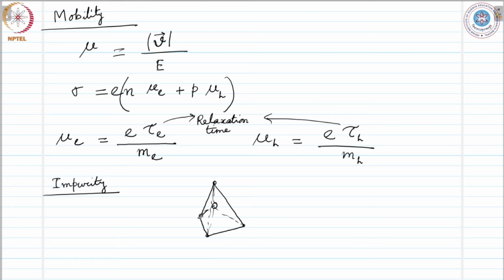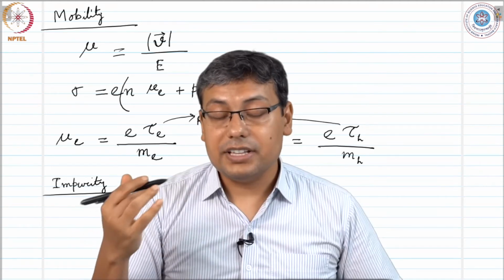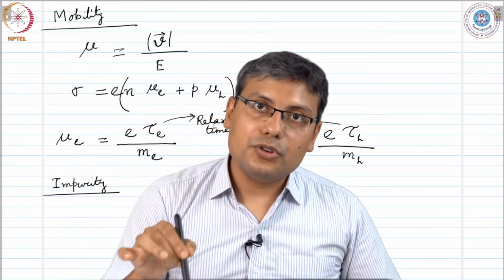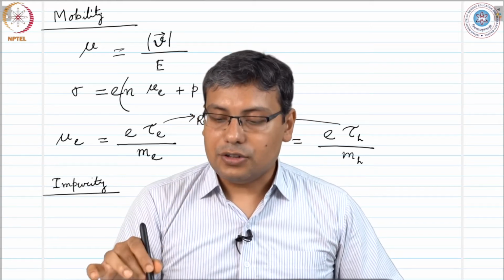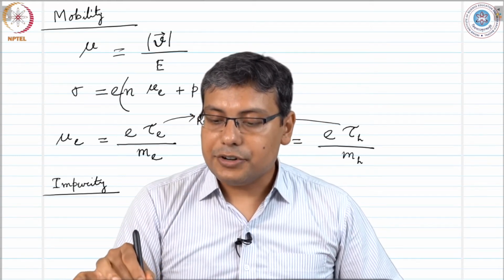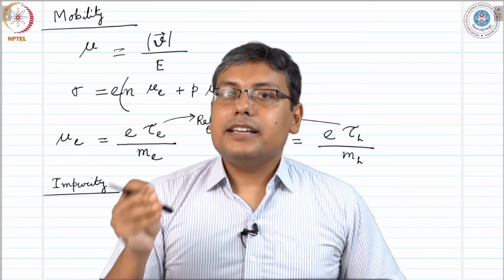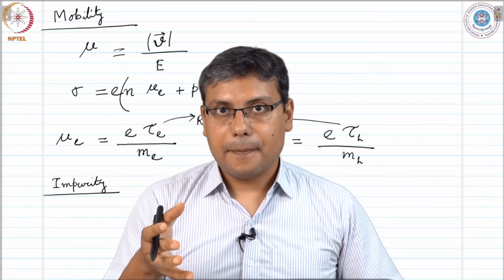Now, if we replace one of these silicon atoms with, say, a phosphorus atom, which has 5 electrons in the outermost shell, it contributes one more electron into the system. It's a donor kind of impurity, and this donor adds electrons to the system.